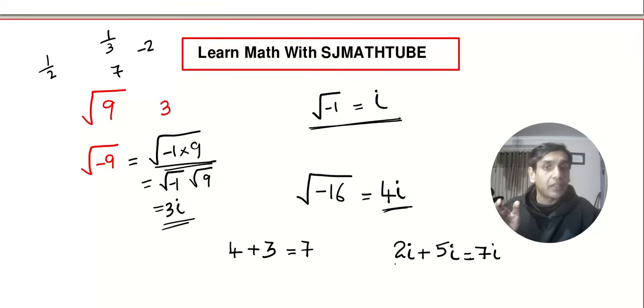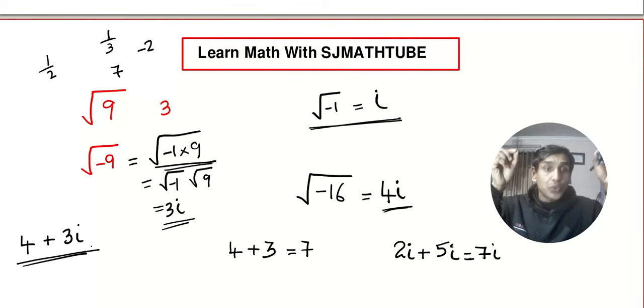So similarly, we are able to add an imaginary number with another imaginary number. But now look at the problem. I will never be able to add a real number with an imaginary number. Hence, we get a new type of number system and we call them the complex numbers.